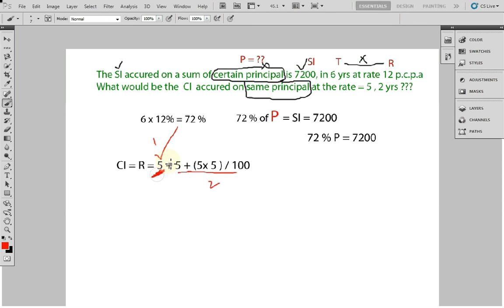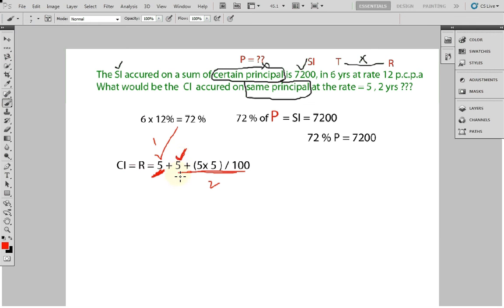In the first year we don't have this, we will get only simple interest. We can also say it is simple interest of the first year. Here we are calculating compound interest, so it is first year interest, this is added.